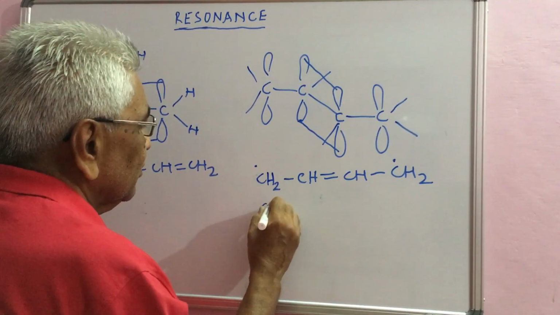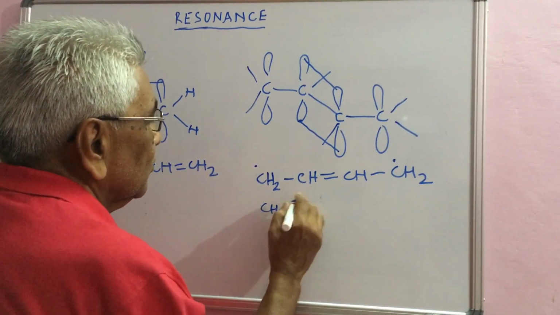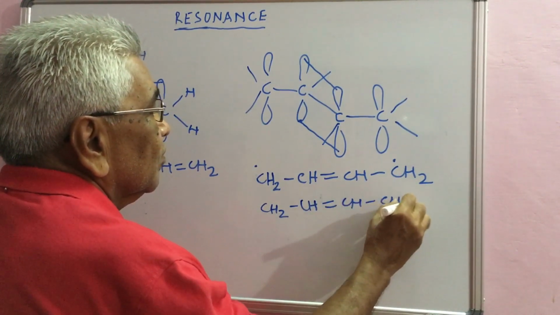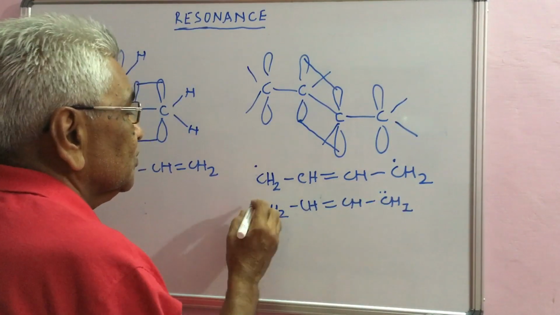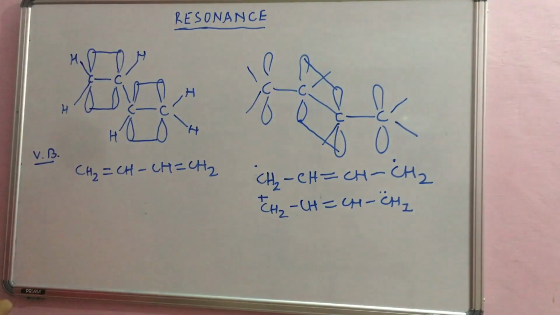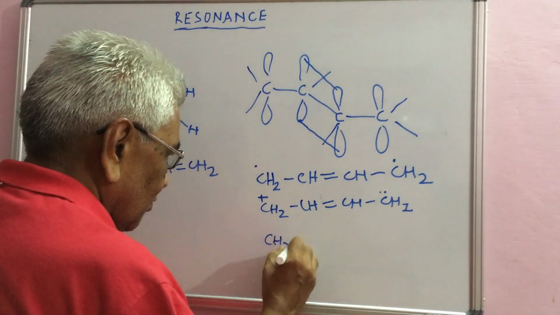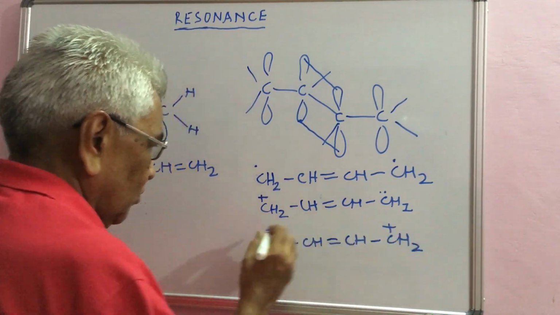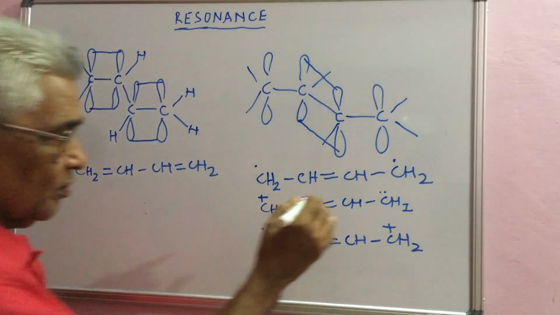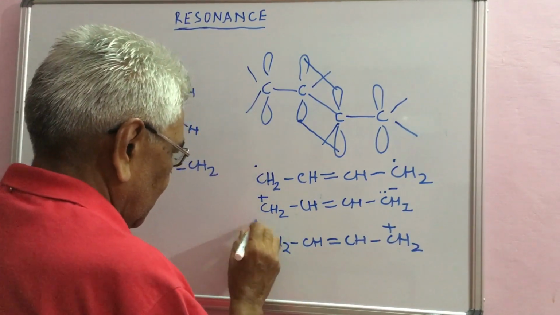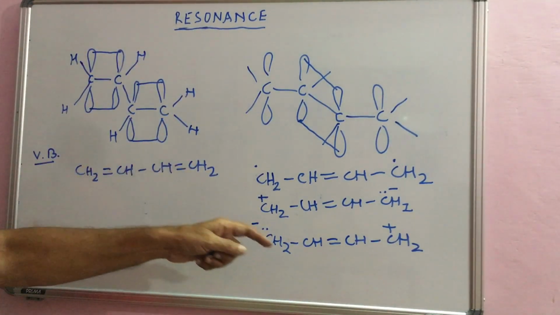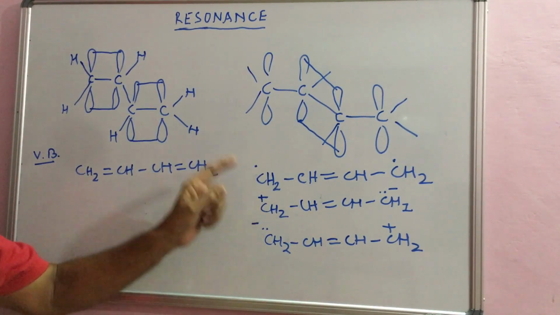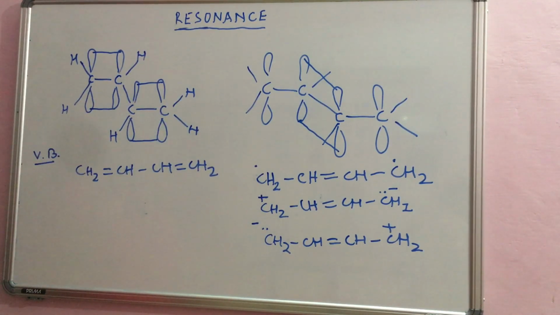Other possibility may be these two electrons coming here, no electron in this, or this structure with negative charge. So, which of these is the correct structure? None of these is the structure representing the molecule in toto.